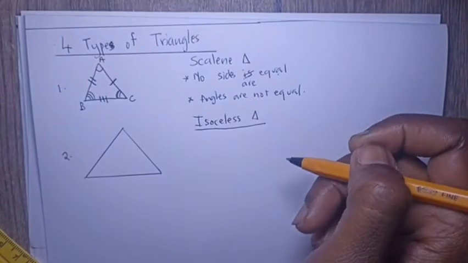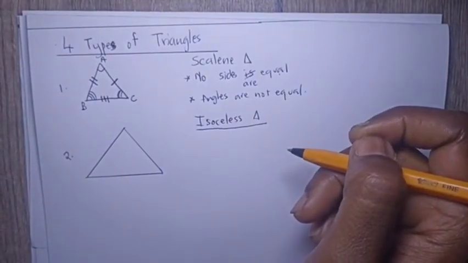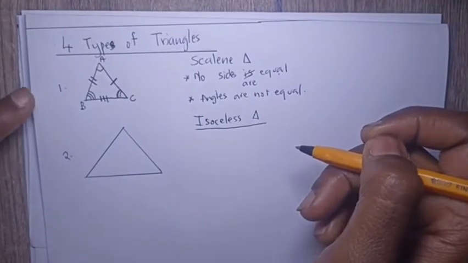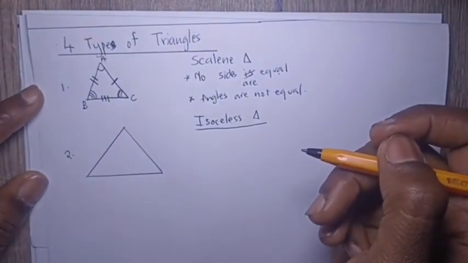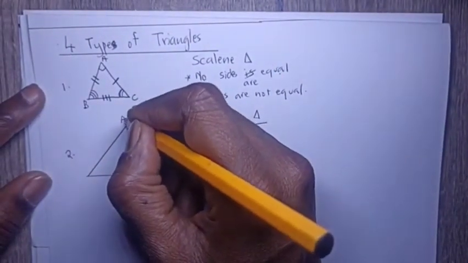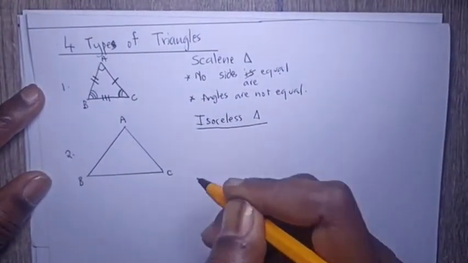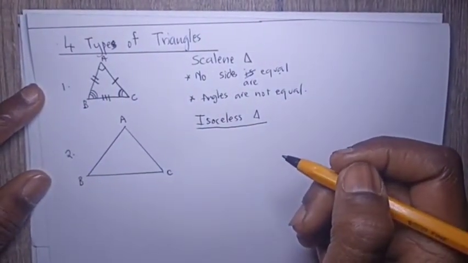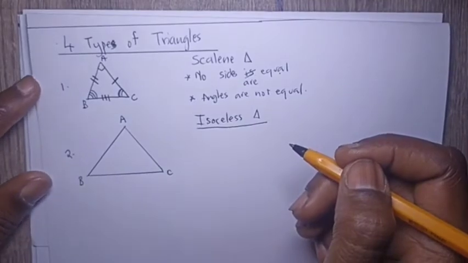This one you're gonna do a lot of times, especially when you go to grade 10, 11, you'll be dealing with this one quite a lot. So you need to know it while your mind is still fresh, and understand it because it's very important.